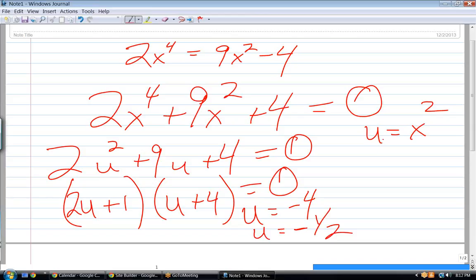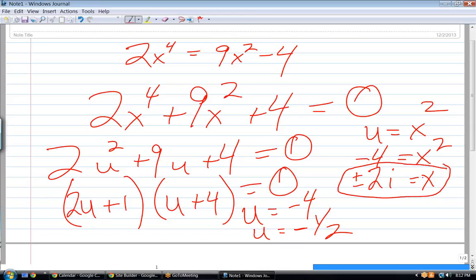If u equals minus 4, then x equals plus or minus the square root of minus 4, which is 2i. So there's two solutions, neither one rational.